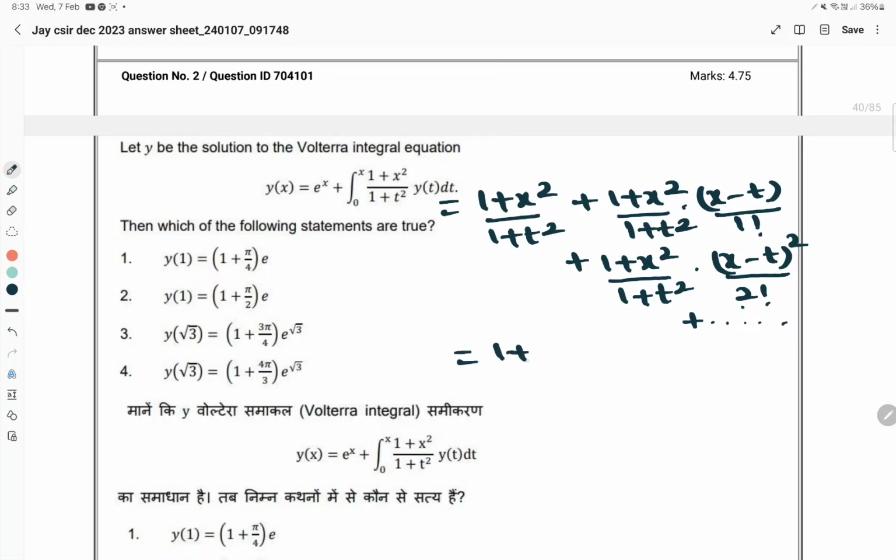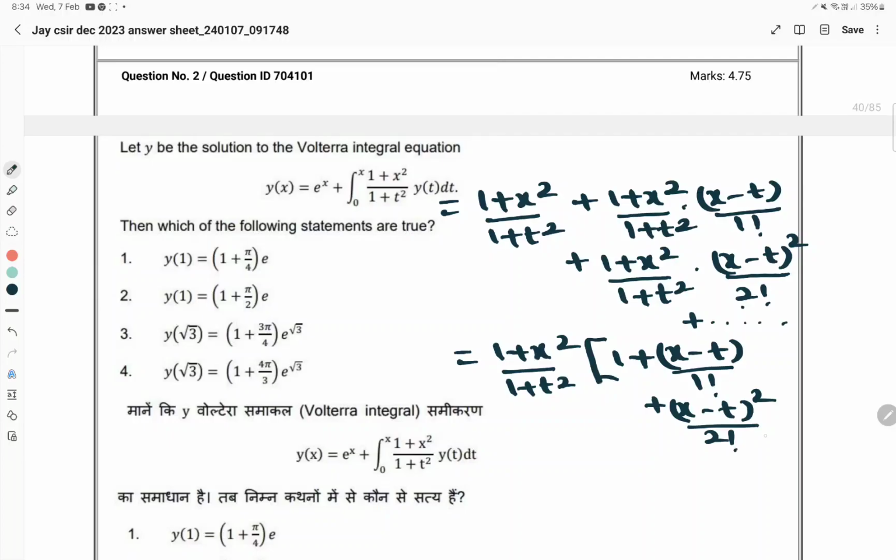Take 1 plus x square by 1 plus t square outside: 1 plus (x minus t) by 1 factorial plus (x minus t) the whole square by 2 factorial plus dot dot dot.